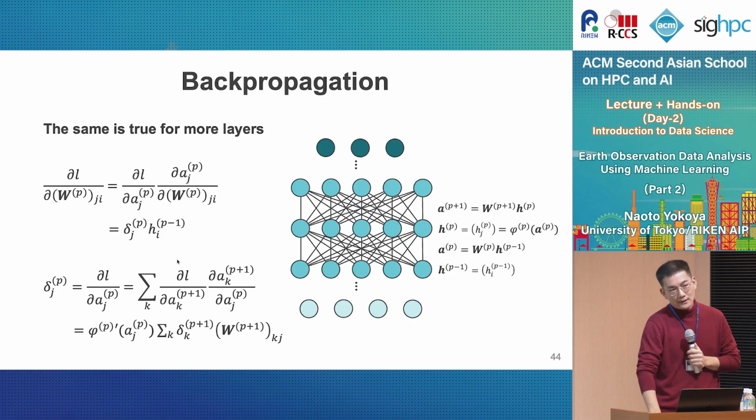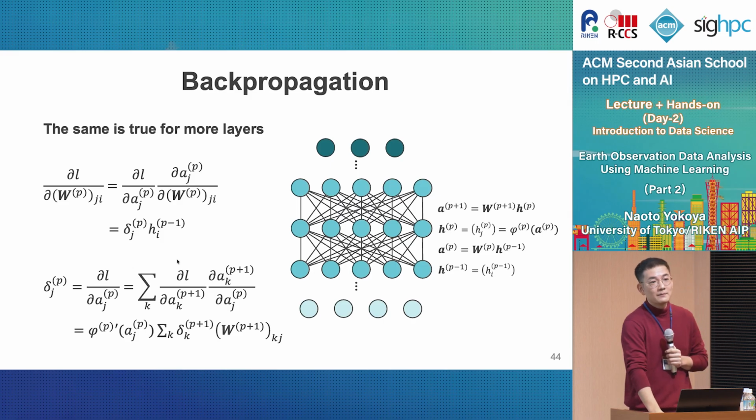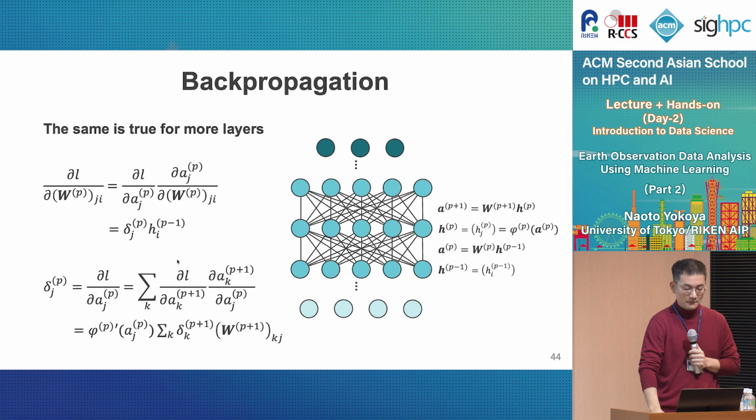You may wonder, what happens if it becomes very deep? You can just check it out by yourself. Everything is the same. Basically, the core idea is more or less the same, so let us skip it. Basically, everything can be calculated by backpropagation.